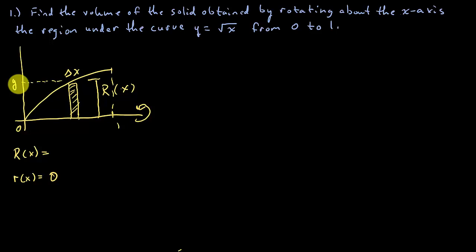Another thing I want to point out: it's important to go ahead and label the thickness of your rectangle, because that tells us R needs to be in terms of this variable, delta x. If the thickness was delta y, if I had to draw my rectangle the other way, then my r would need to be in terms of y, because I would be integrating with respect to y.